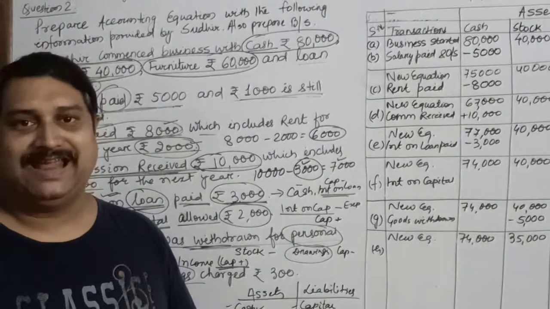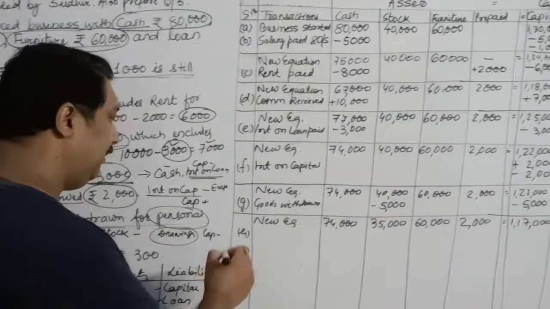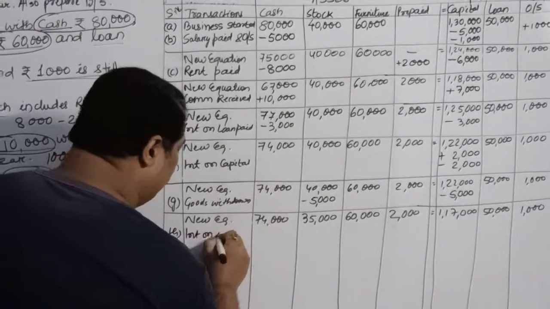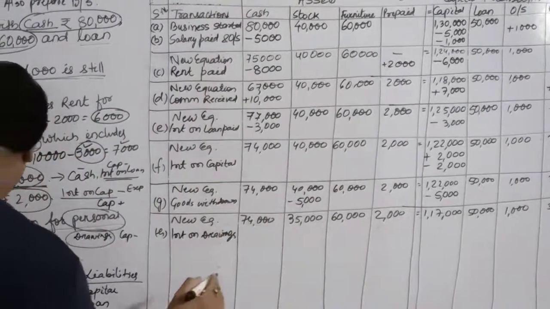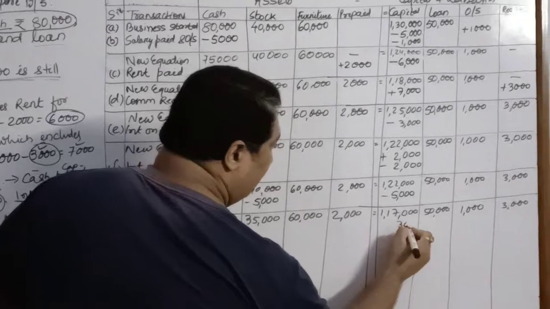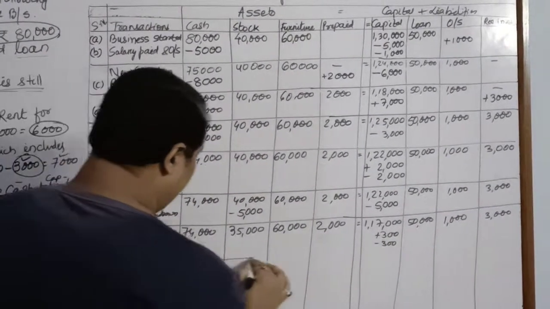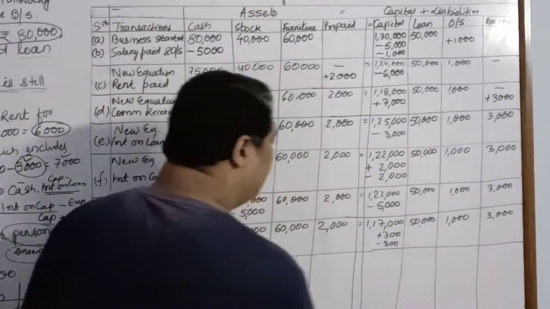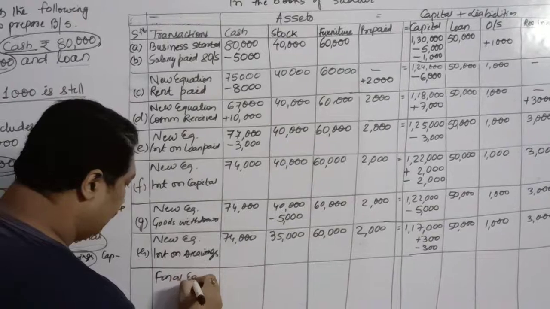If he is not paying it in cash, you will reduce his capital. So interest on drawings also is added and subtracted to the capital itself. Plus 300 minus 300. Now since this was the last transaction, we will write over here final equation.